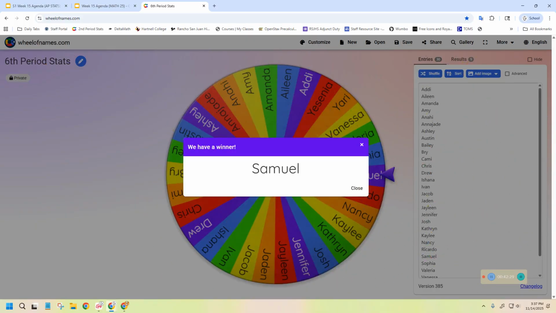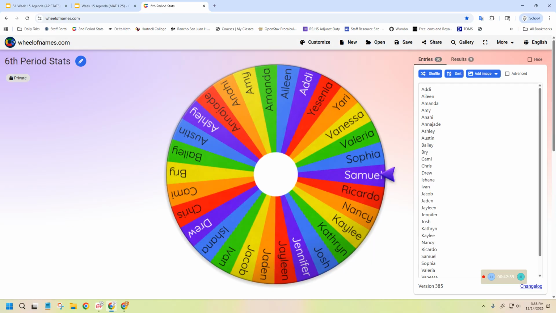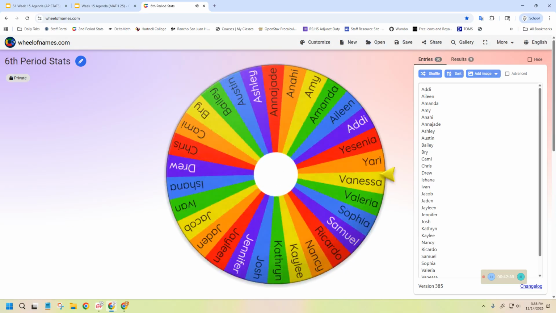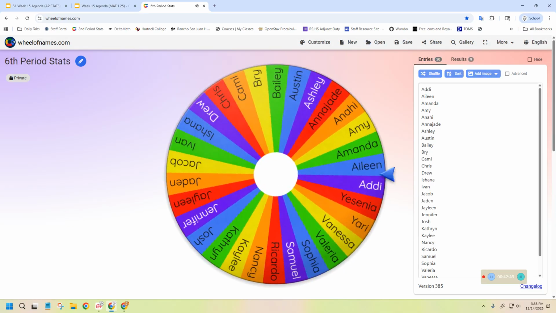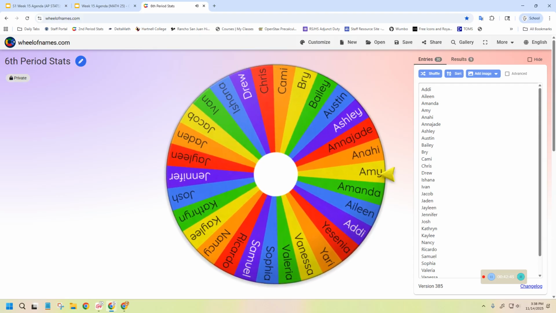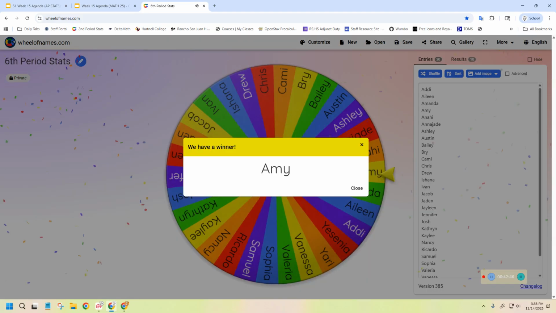How many times can Samuel guess? Samuel, what do you guess? Wednesday is not correct. My calculator had selected Tuesday. Amy, pick a day. Amy picked Saturday. Amy is also incorrect. My calculator picked Monday.